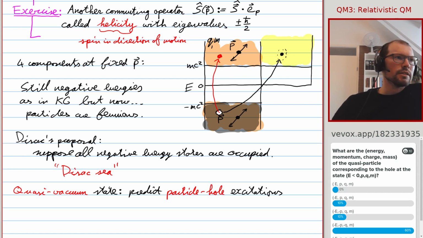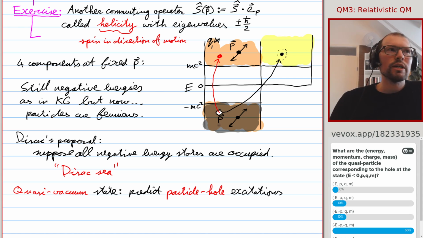So let's see. Okay, the last option dropped off the screen. There was another 20% for minus signs in front of all these quantities. So let's see what we should expect.